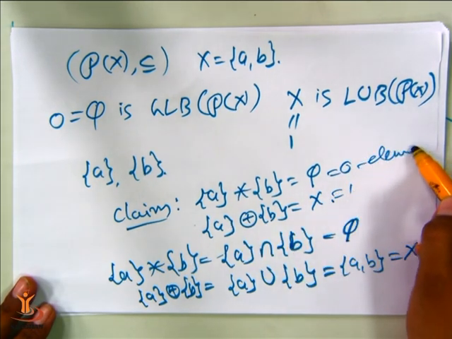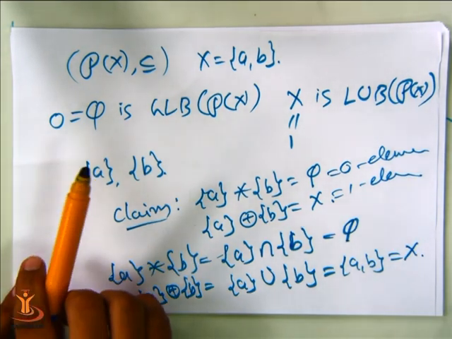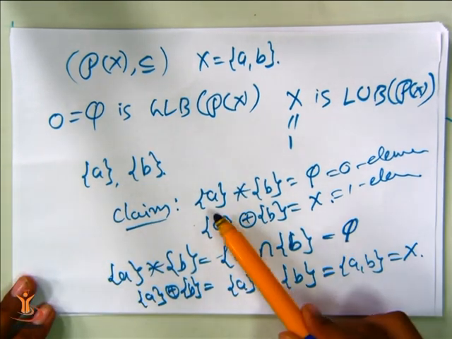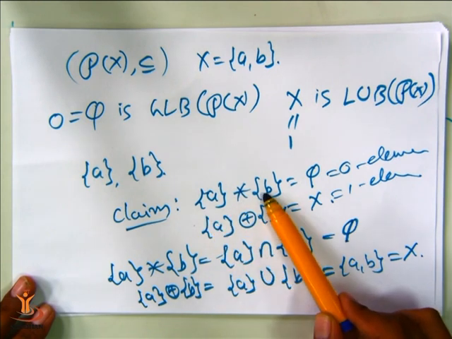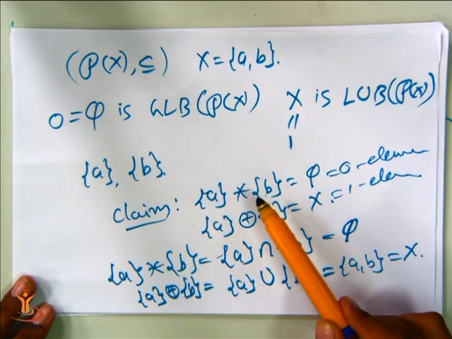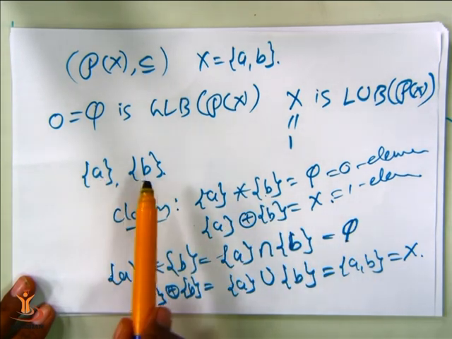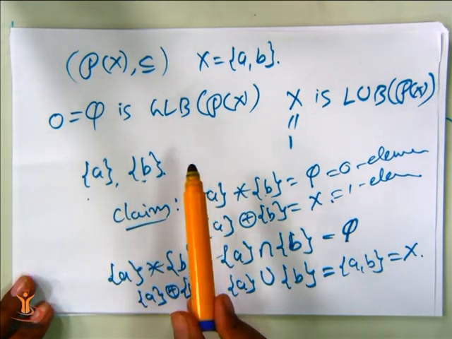So the complement of A is B. Since star is commutative, singleton A star singleton B is the same as singleton B star singleton A. Therefore the complement of B is A. So the complement of A is B and the complement of B is A.